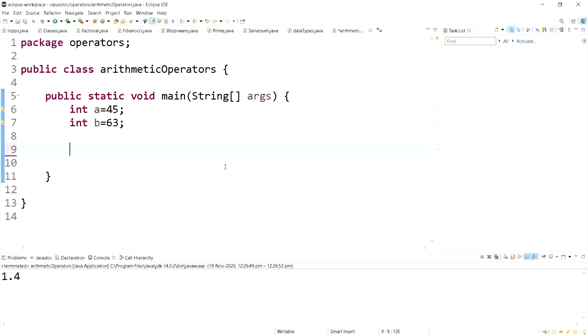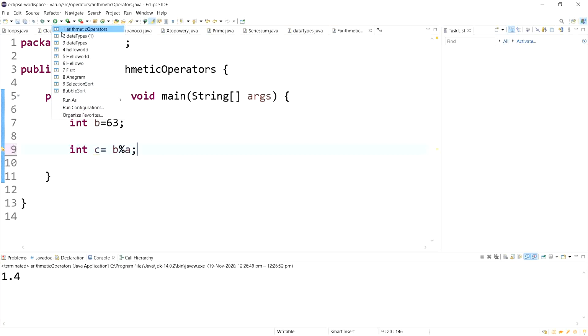Now let us look at the modulo operator. This percentage symbol is called the modulo operator. We'll write int c equals b modulo a. When we use the division operator, it returns the quotient, but when we use the modulo operator, it returns the remainder.